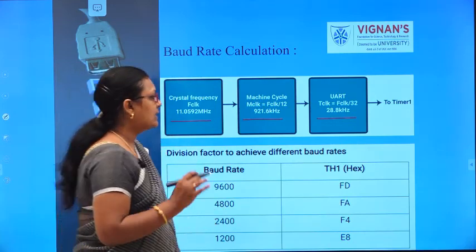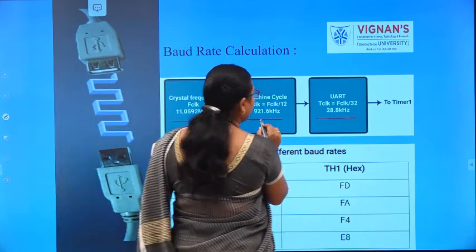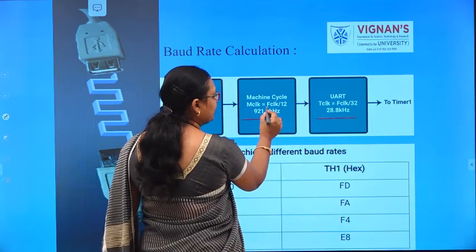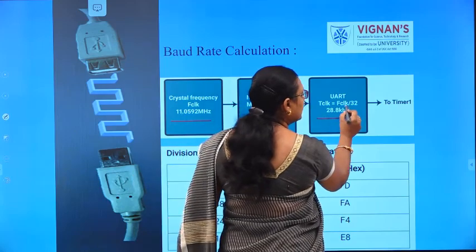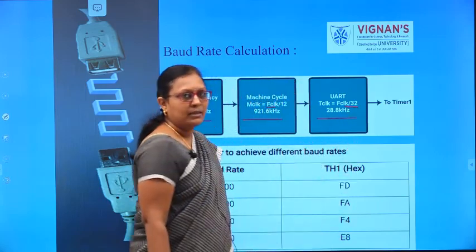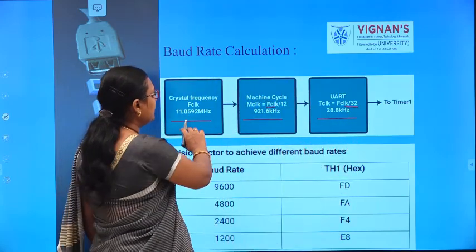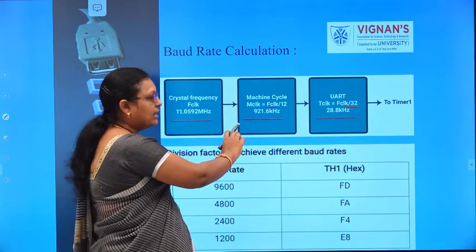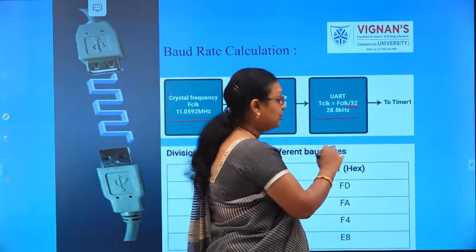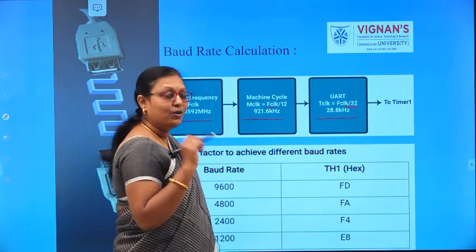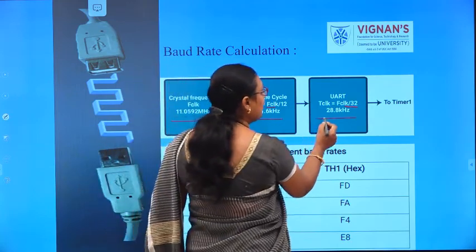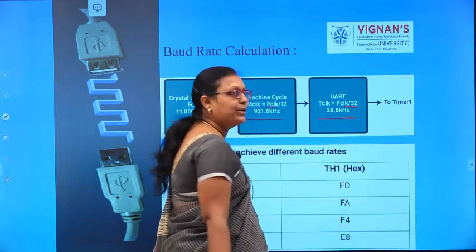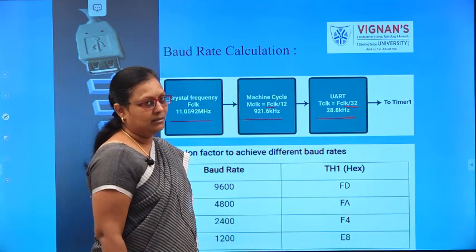Generally your machine cycle frequency, which is the MC clock, will be divided by 32 in the UART. Initially it was divided by 12 in the machine cycle, and then it will be divided by 32 in the UART cycle. So 28.8 kilohertz of frequency will be used by the UART interface.